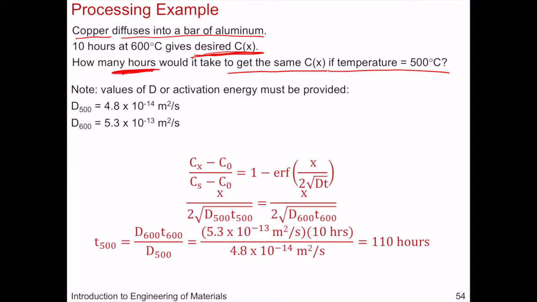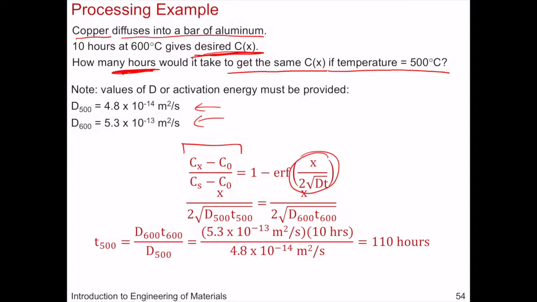Okay, so here we can see that if this stays constant and you're just changing the temperature, then your diffusion coefficients, your D's, will change, as you can see here. But then your x over root Dt is going to stay the same, as we've just discussed.